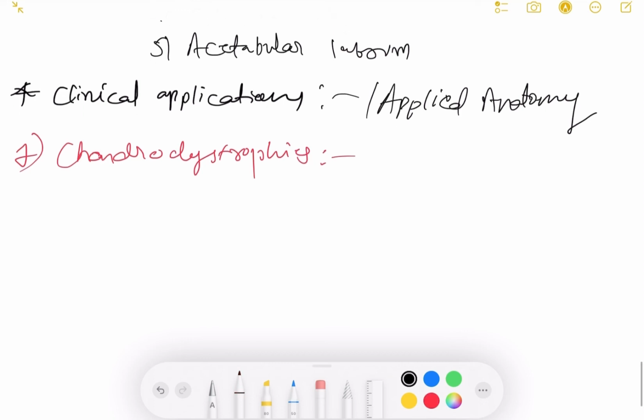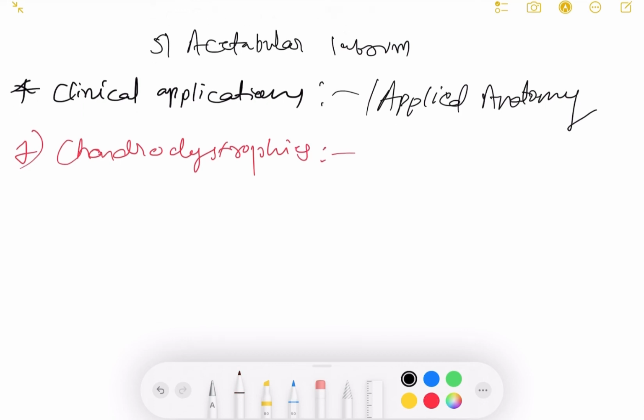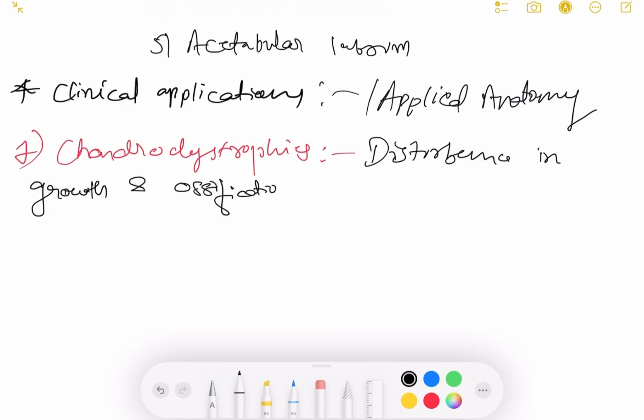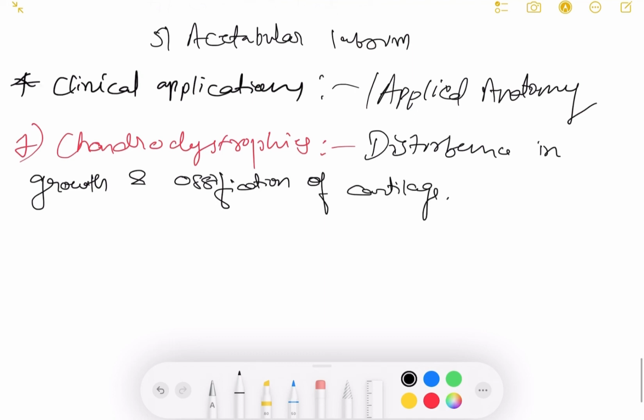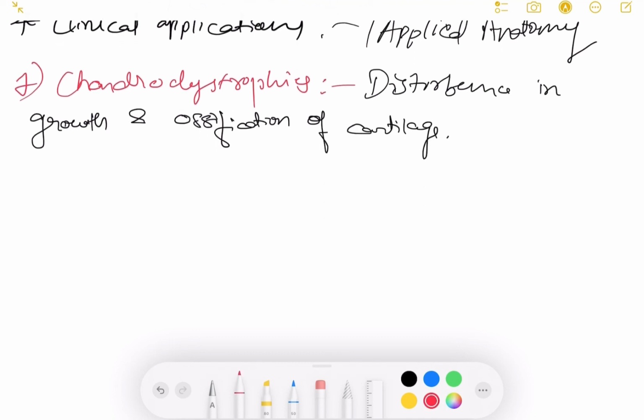What is that? It is a disorder where there is disturbance in growth and ossification of cartilage. This is one of the disorders.